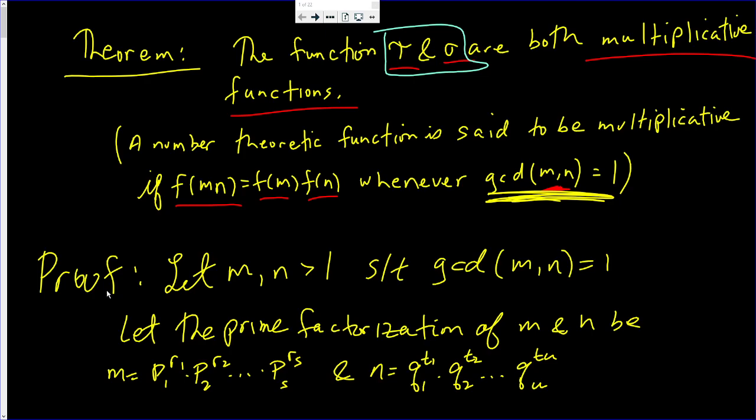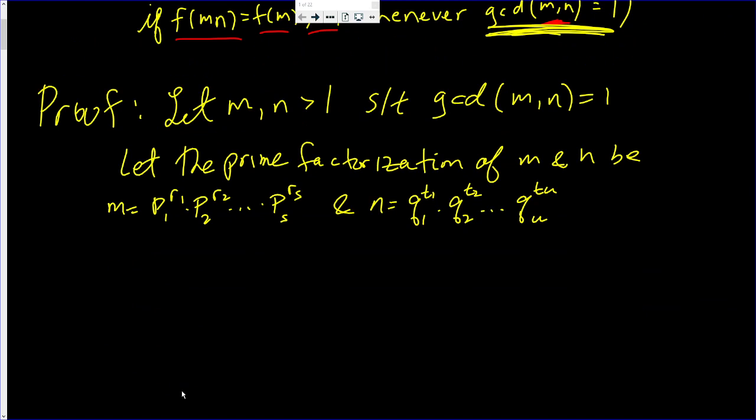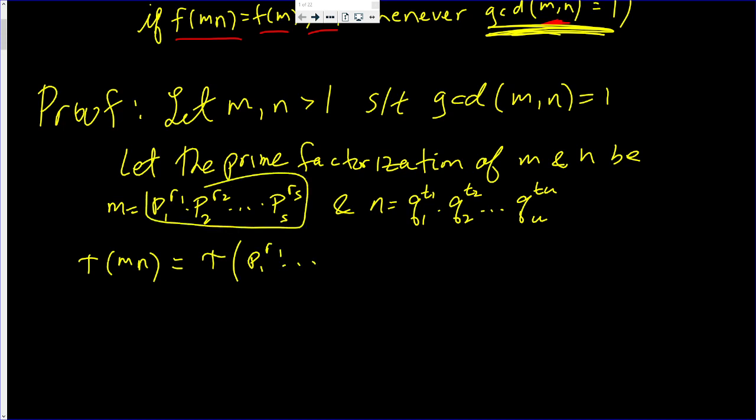So let's look at tau of mn. Tau of mn is equal to tau of p sub 1 to the r sub 1, all the way up to p sub s to the r sub s, times q sub 1 to the t sub 1, all the way down to q sub u to the t sub u.